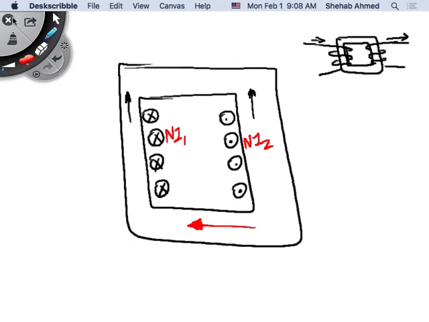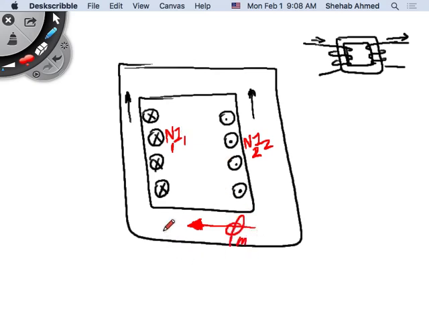So this is N1, I1, N2, I2. For now, we will say that the I enclosed is the difference between them, because the difference between these opposing fluxes is what is generating the magnetizing flux in the core.